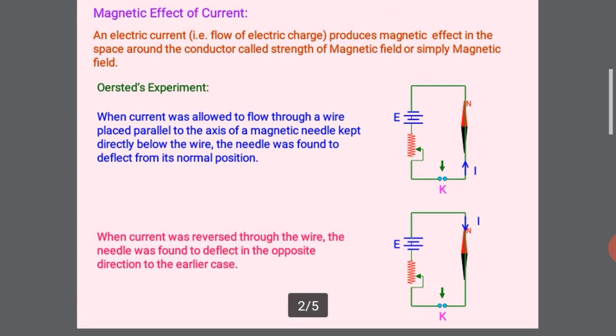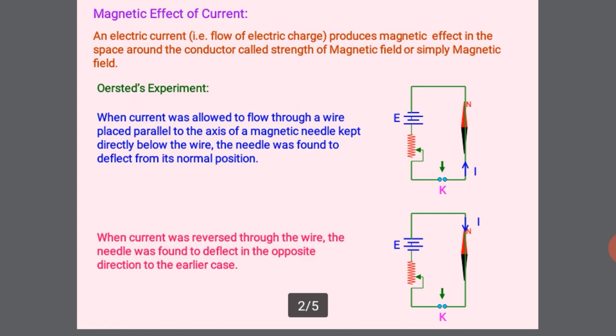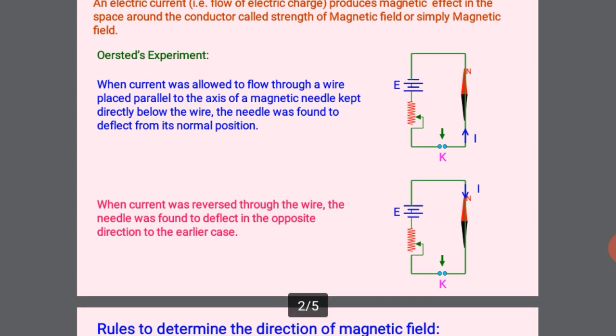On increasing the current in the wire, the deflection of the needle increases. This experiment shows that the magnetic field is produced due to the electric current. Since electric current is charge in motion, it is concluded that moving charge produces magnetic field in the surrounding space.